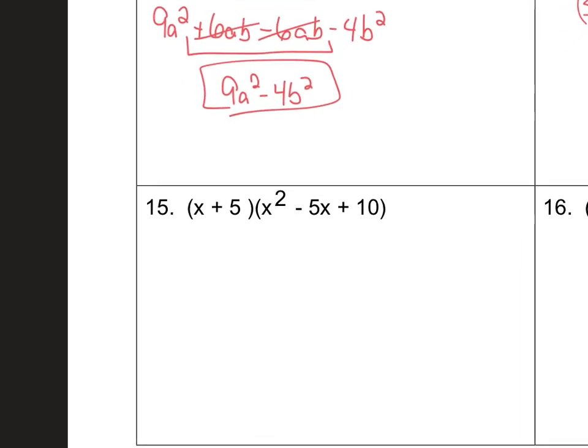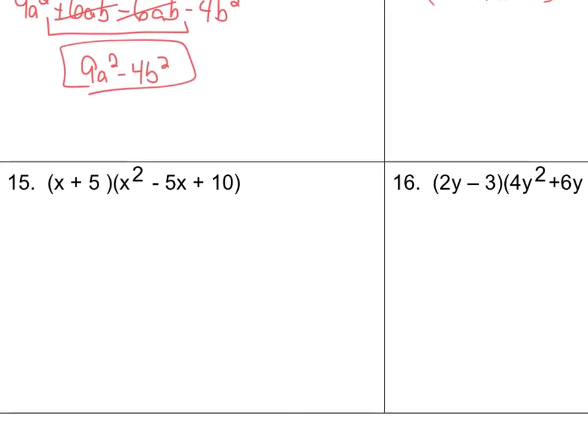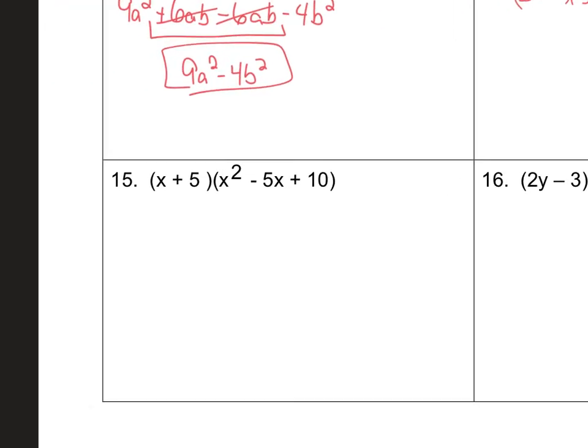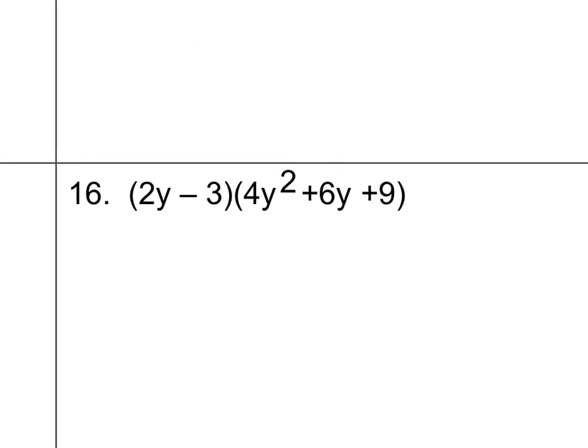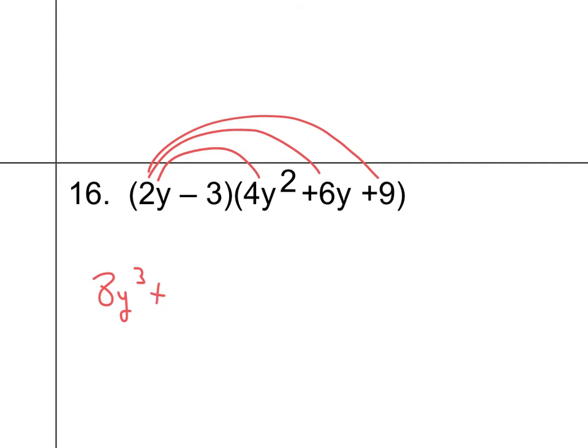Okay, so these last two, we'll do one of them. It's just that there's 3 terms here, so be a little bit careful when you're distributing. We'll do number 16 because it looks like a little more complicated. So just go in order and start multiplying across. 2y times 4y squared would be 8y to the third. 2y times 6y would be plus 12y squared. 2y times 9 would be plus 18y.